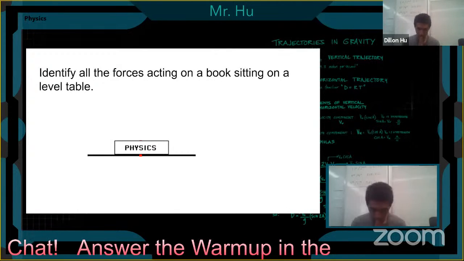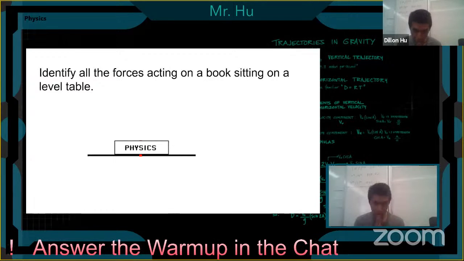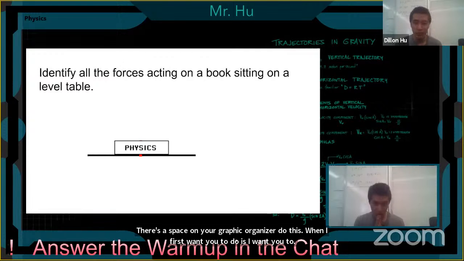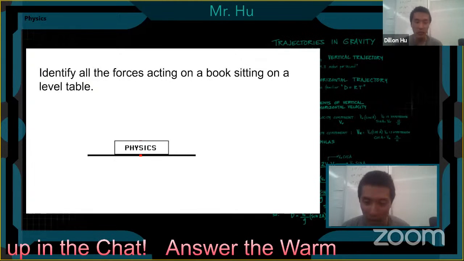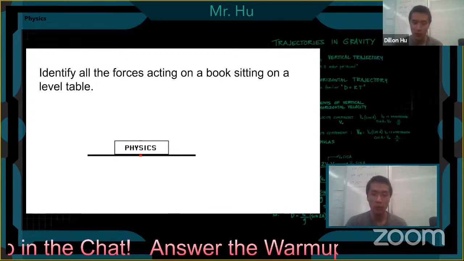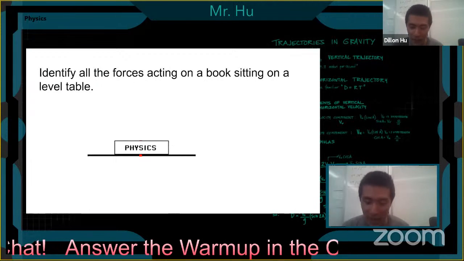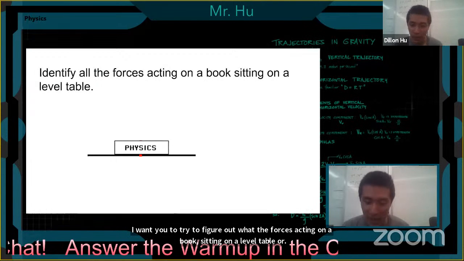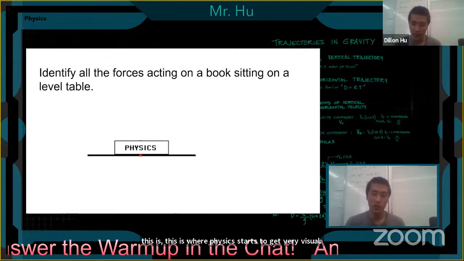This is where physics starts to get very visual. There is a book on a level table, and I want you to try to identify the various forces that are acting on the book to keep it level. There is a space in your graphic organizer to do this. It should be example 1. I want you to try to identify what forces are acting on the book, how much those forces have to be.